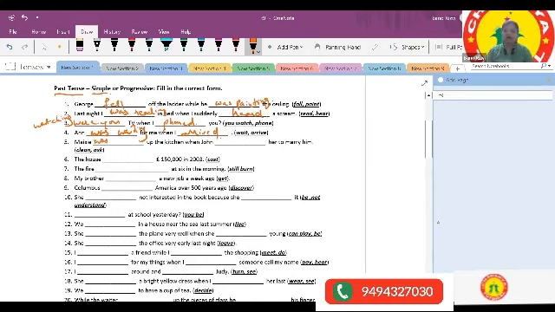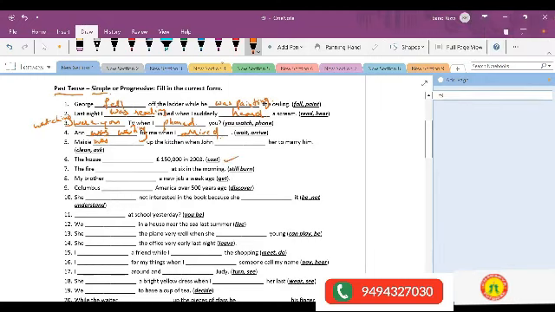Now you're all clear with the concept of past tense. Yes, ma'am. Anybody has any doubt? Sudhamshu, you have just joined, right? Yes, ma'am. Give me the answer to the sixth question. For this house, you have to use the verb cost. Costed.